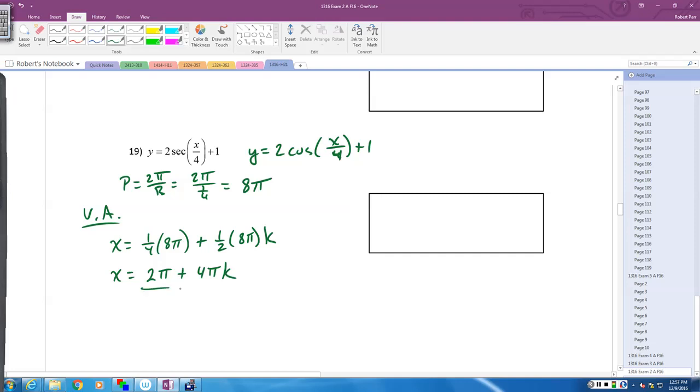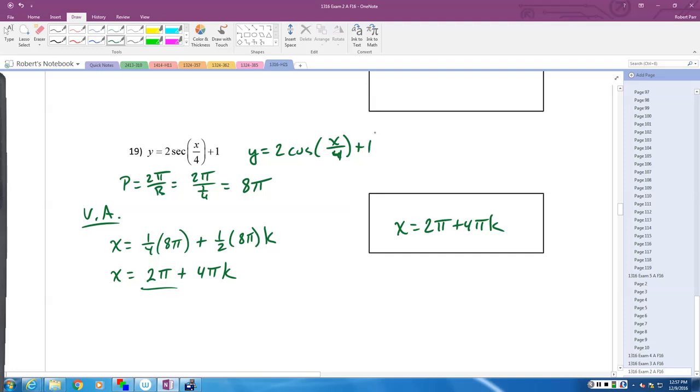Now, is this the first non-negative vertical asymptote? If I subtract a 4 pi, I'm negative. And yeah, this is good. The amplitude has nothing to do, the vertical shift has nothing to do with it. Just the horizontal phase shift and the period.